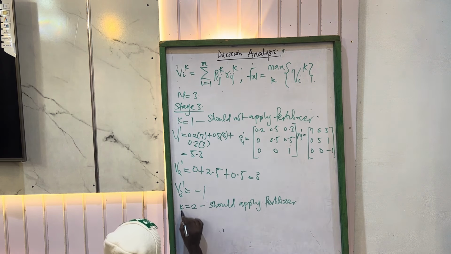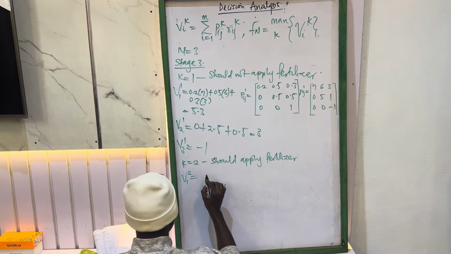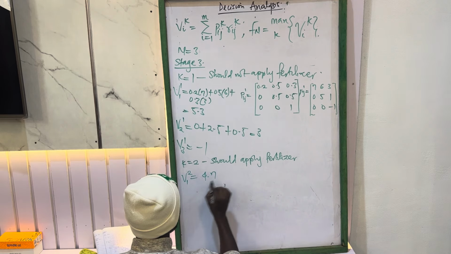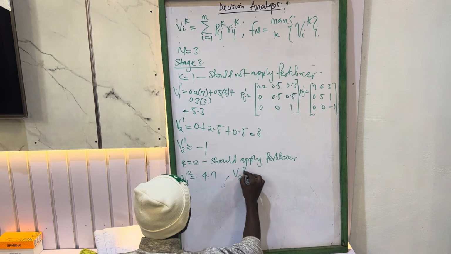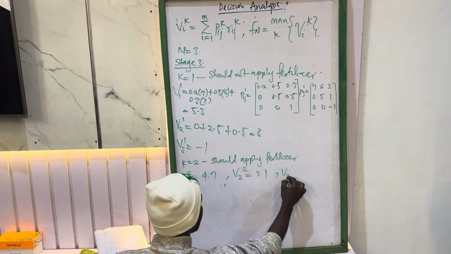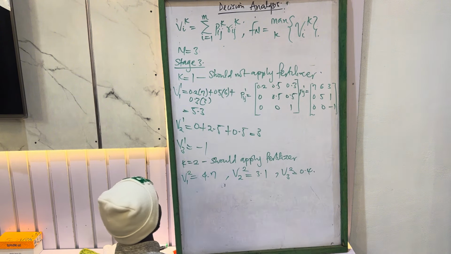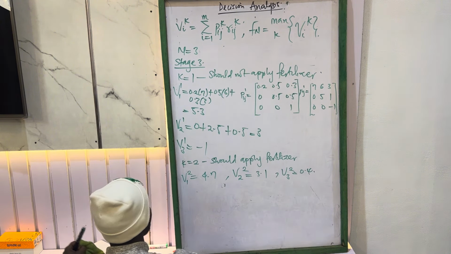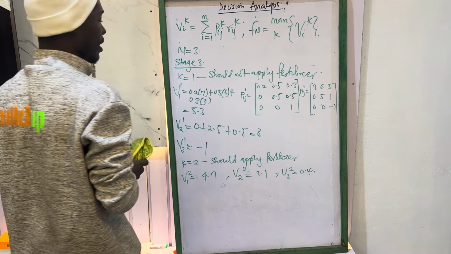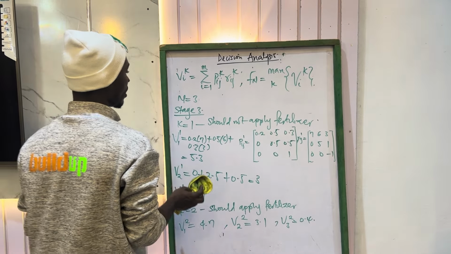So at the end of the day, when you multiply it together, V12 is equal to, let me put the value up, 4.7, then V22 is equal to 3.1, V32 is equal to 0.4. So that is the objective function for each state at stage 3.